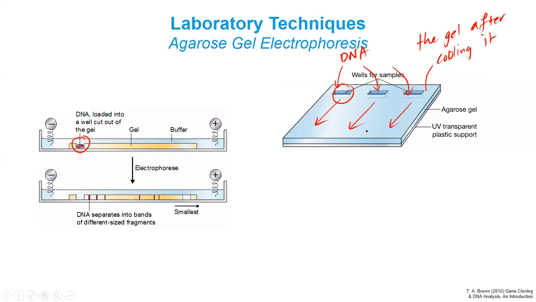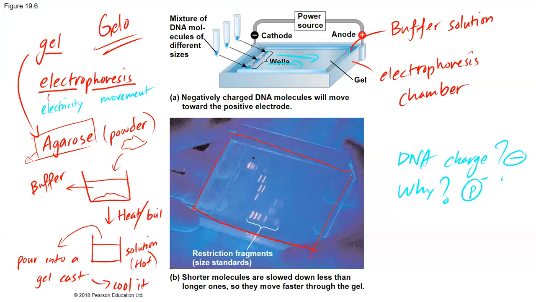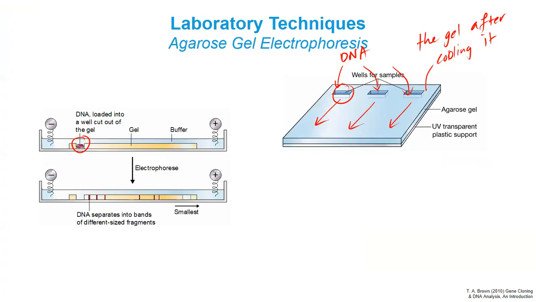Now, the speed of movement of DNA will depend on the size of the DNA. So for example, larger DNA fragments will move slowly, while small DNA fragments will move faster.